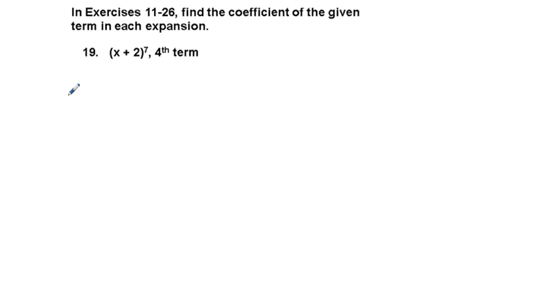We're going to have our first term as some coefficient times x to the 7th, and this 2 to the power of 0, plus some coefficient x to the 6th, and this 2 to the power of 1, plus some coefficient x to the 5th power, and this 2 to the power of 2.